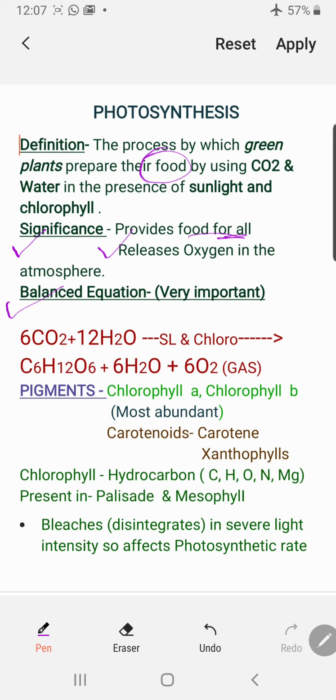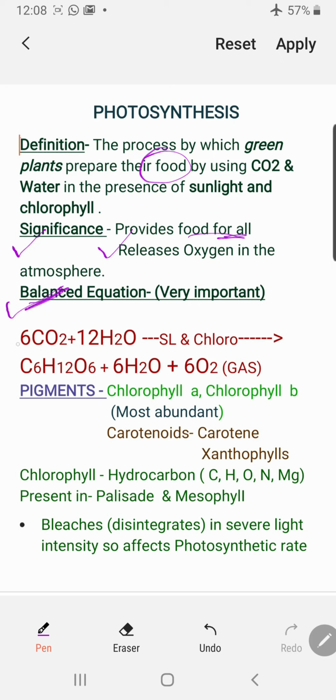So please understand that the balanced equation says carbon dioxide plus water in the presence of sunlight and chlorophyll forms C6H12O6, that's glucose, plus water vapors and oxygen as a byproduct. Right, children? But what you have to see is balanced.